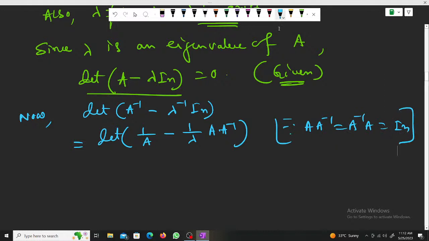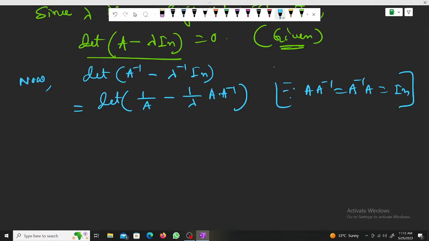Now we calculate det of A inverse into det of A inverse minus lambda inverse into A.